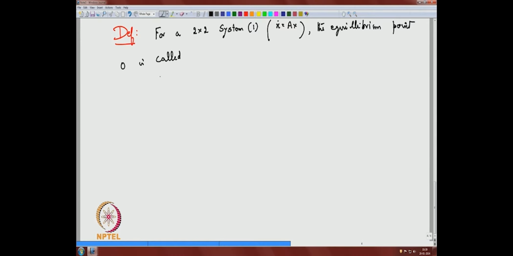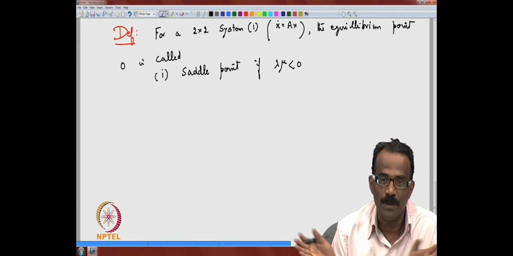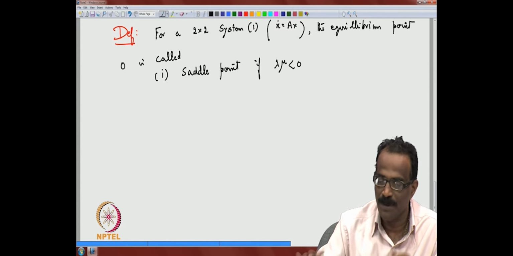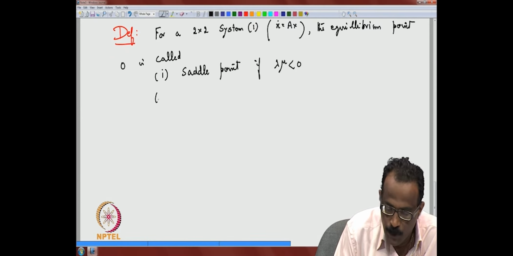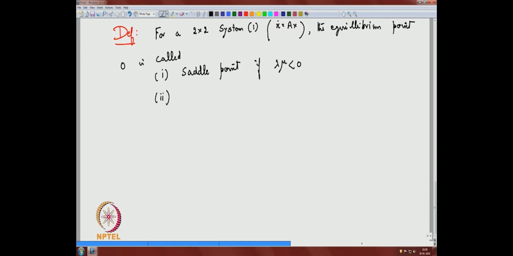One, a saddle point if lambda mu is negative. Note here that the moment lambda mu is negative, it cannot be complex eigenvalues, so it automatically tells you the eigenvalues are real. Two, a node if lambda and mu are real and lambda mu positive.